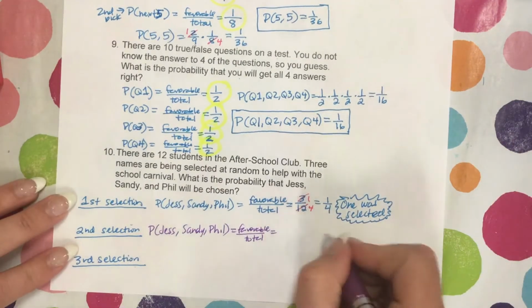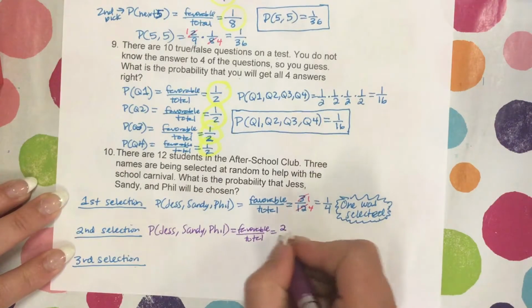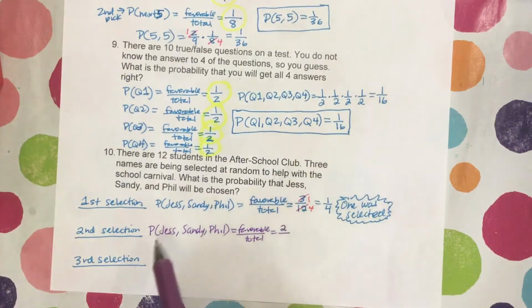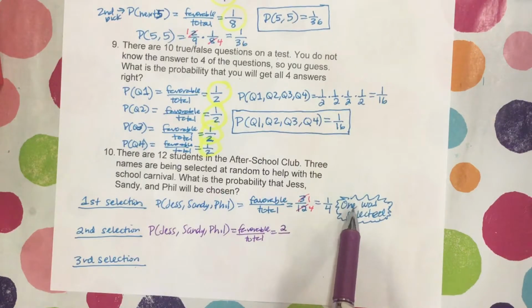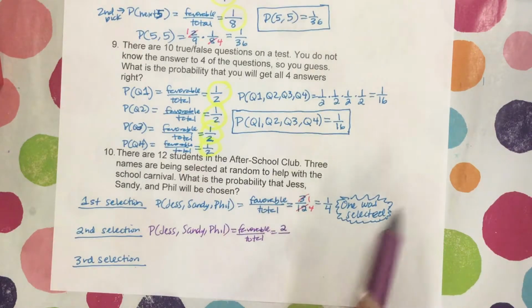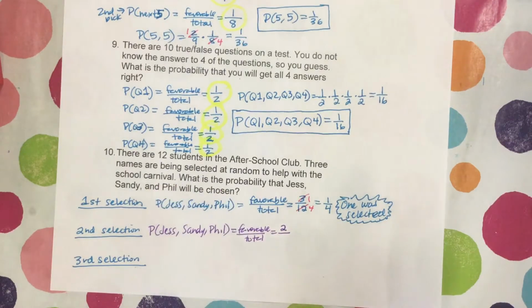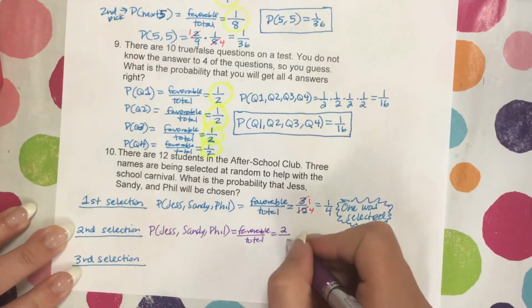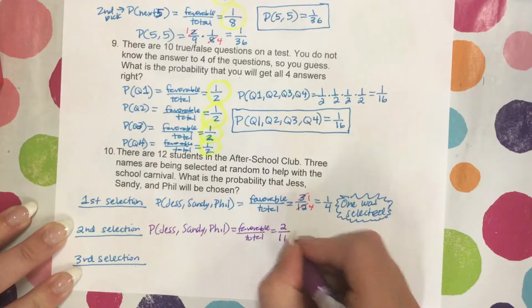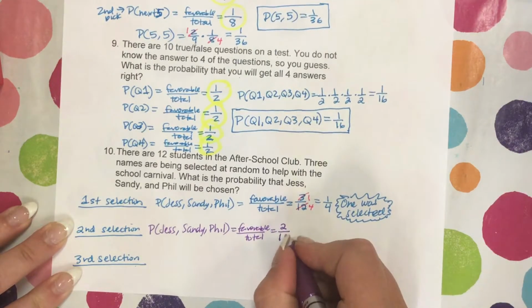We don't know which one, we just know one of them. So that means there's only 2 of them left because one of these 3 was selected in this first selection process. Okay, only 2 are left. And the total is different because one person was already selected. Now, instead of 12 students remaining in the pool, there are 11 people.